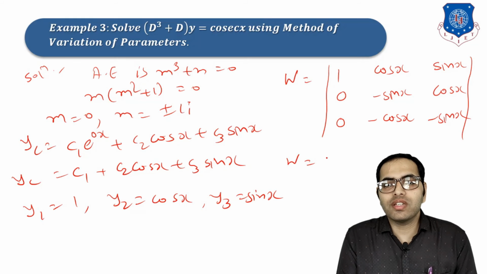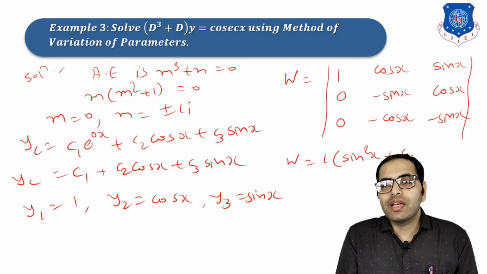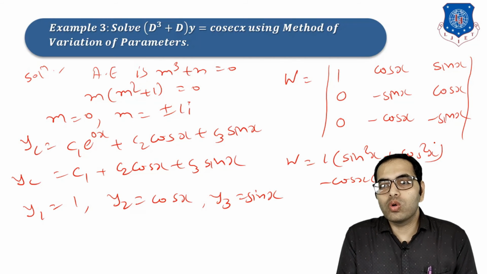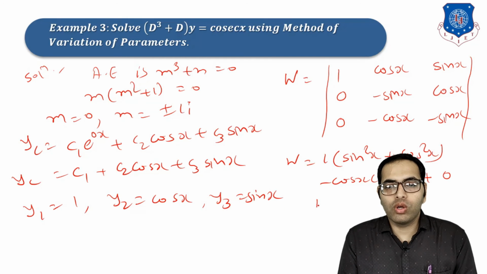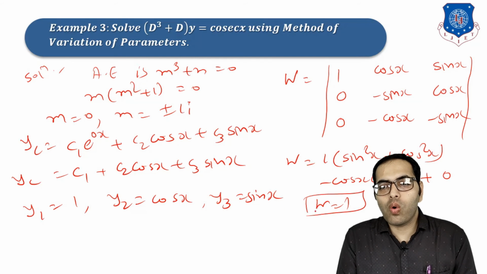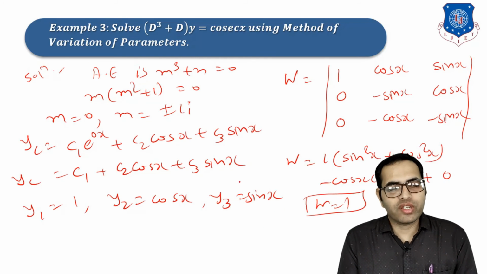Just expanding this determinant, 1 times sin square x plus cos square x, then minus cos x into 0 and the last term is also 0, then w is equal to 1, which is our Wronskian.